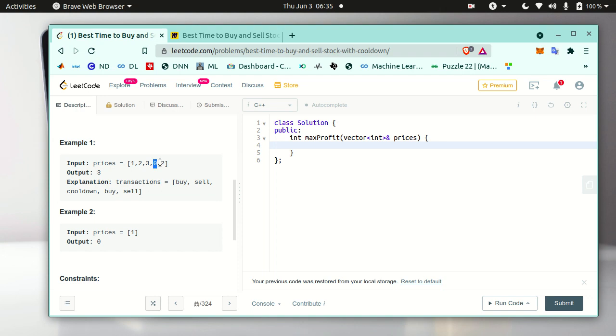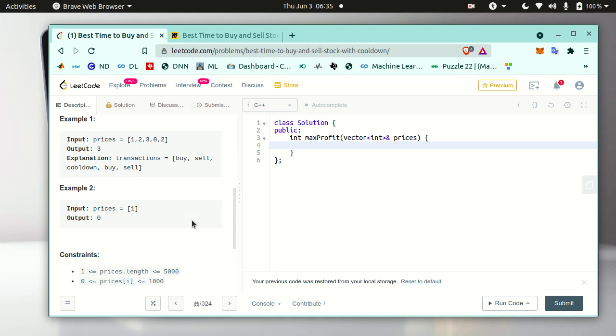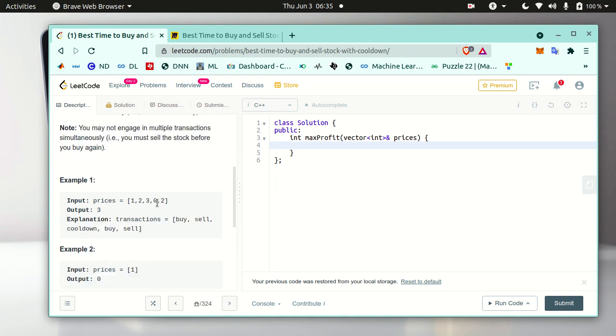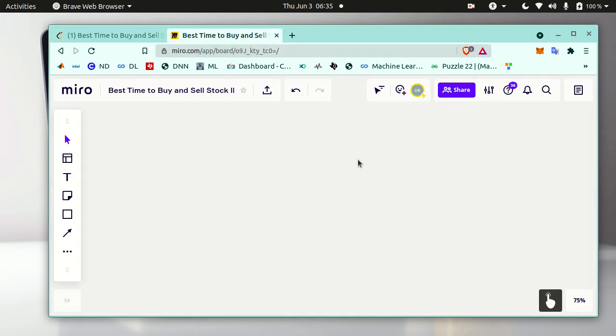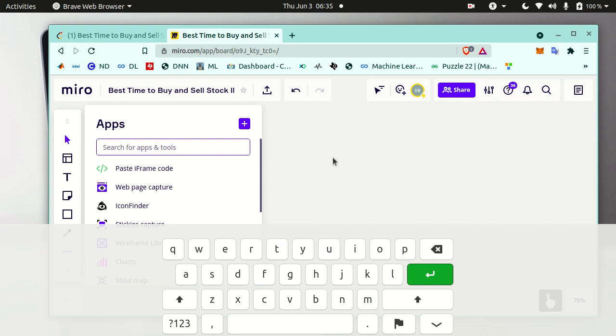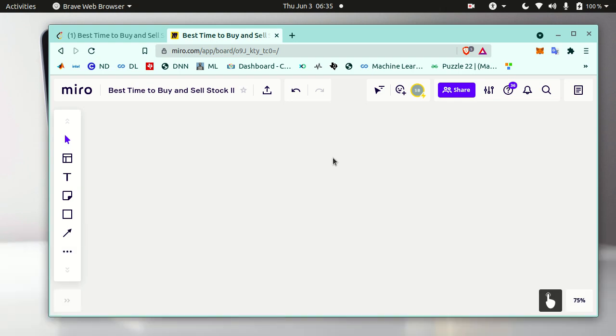It is a pretty tricky problem because say you consider this array 1 2 3 0 2.